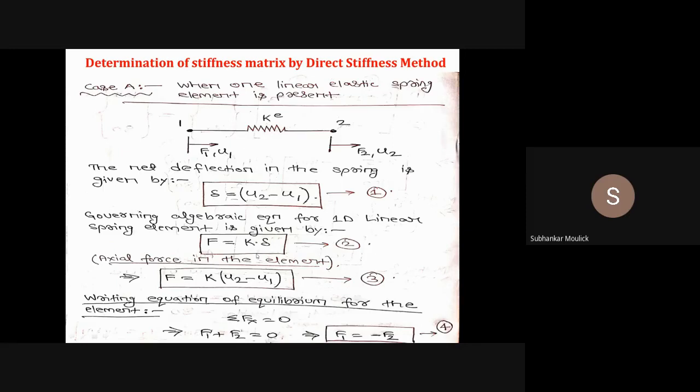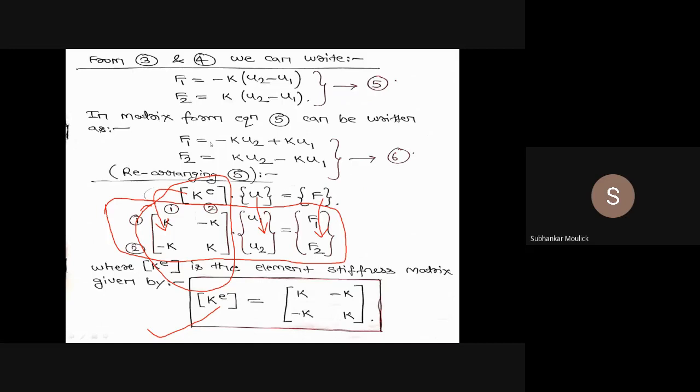See here, nowhere have I used the potential energy concept. I have just used the mechanics concept, and I have framed two algebraic equations because two nodes are present. Then I converted those algebraic equations into a matrix equation.